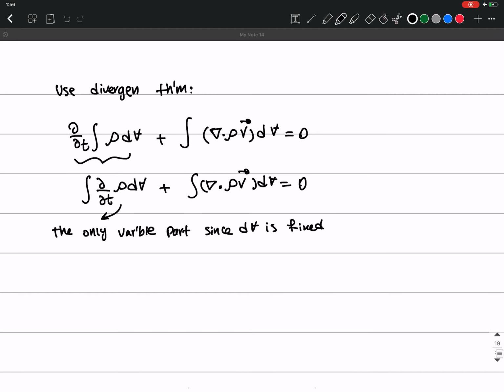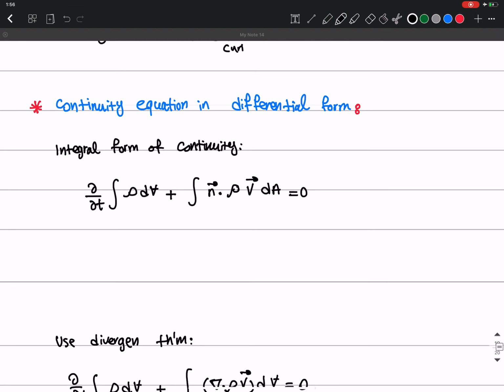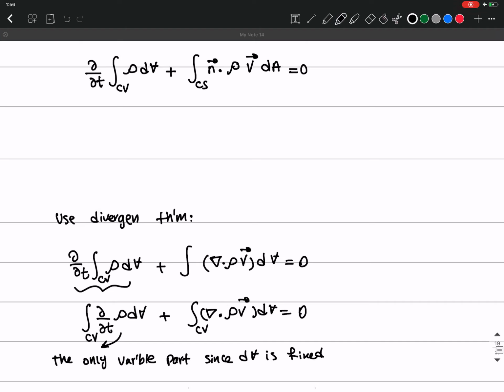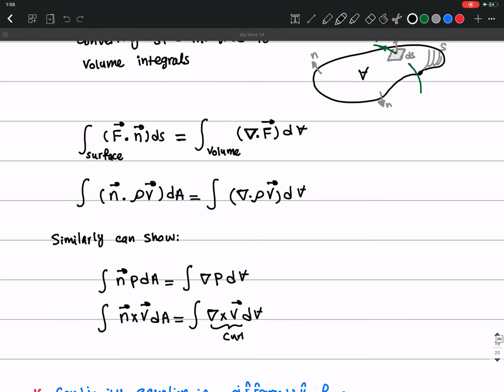And now I can just combine these two because they are over the control volume. So let me start from the beginning. This was over the control volume, this was over the control surface, and this is over the control volume, and this one was over the control volume. But using the divergence theorem, we changed the surface integral into the volume integral.